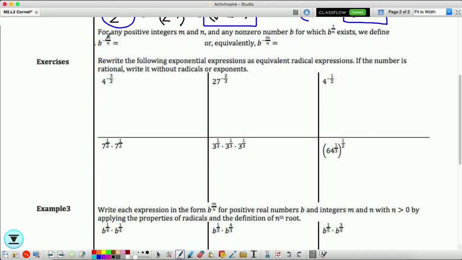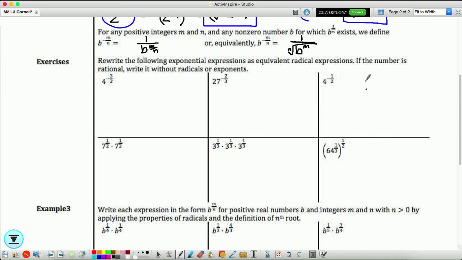So this could be written as 1 over b to the m over n. Or equivalently, if you were to write it in radical form, you could say 1 over the nth root of b to the m power. So that's another way to look at that.